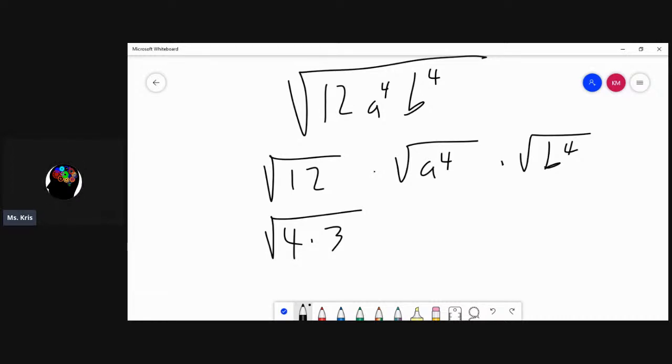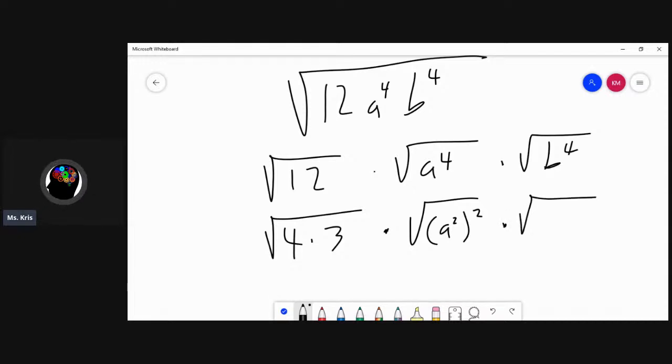So the perfect square within 12 is 4. And of course, 4 times 3 gives me 12. So I've already started my pullouts. Next, of course, square root of A to the fourth can be rewritten as A to the second raised to the second power because 2 times 2 is 4.